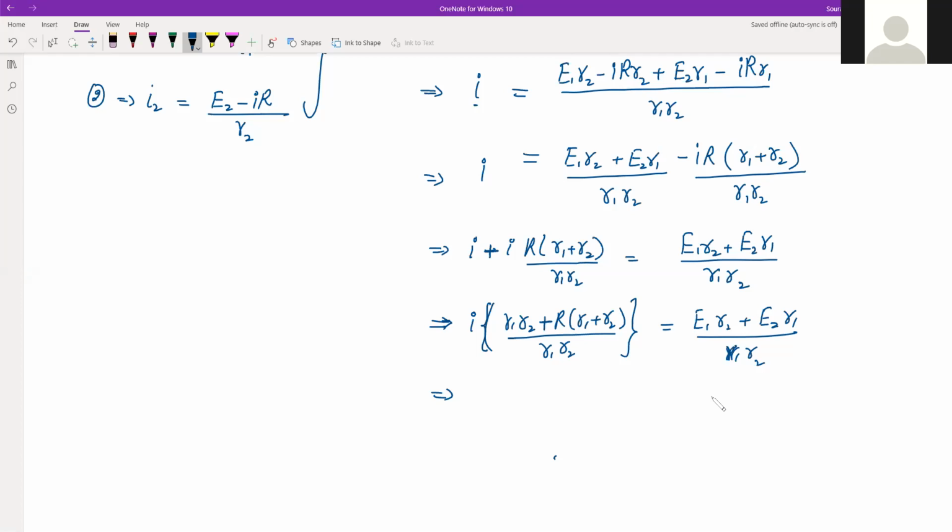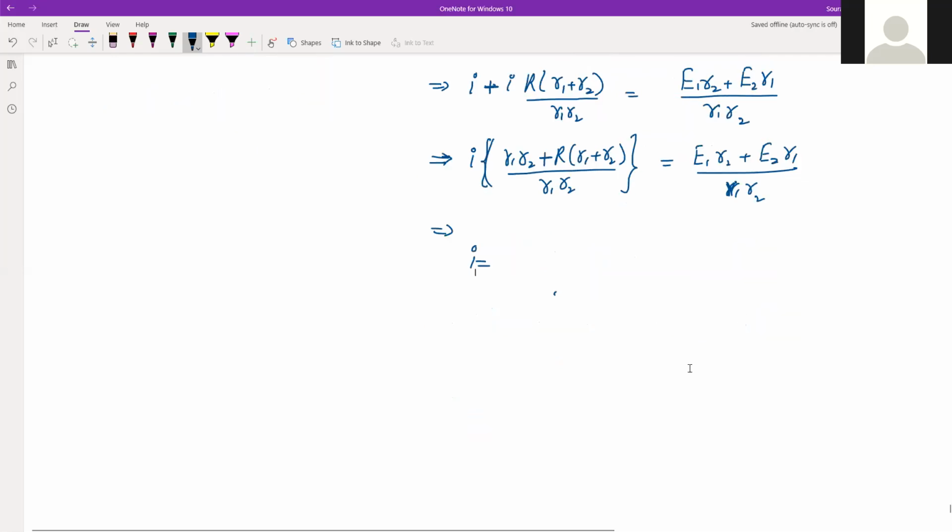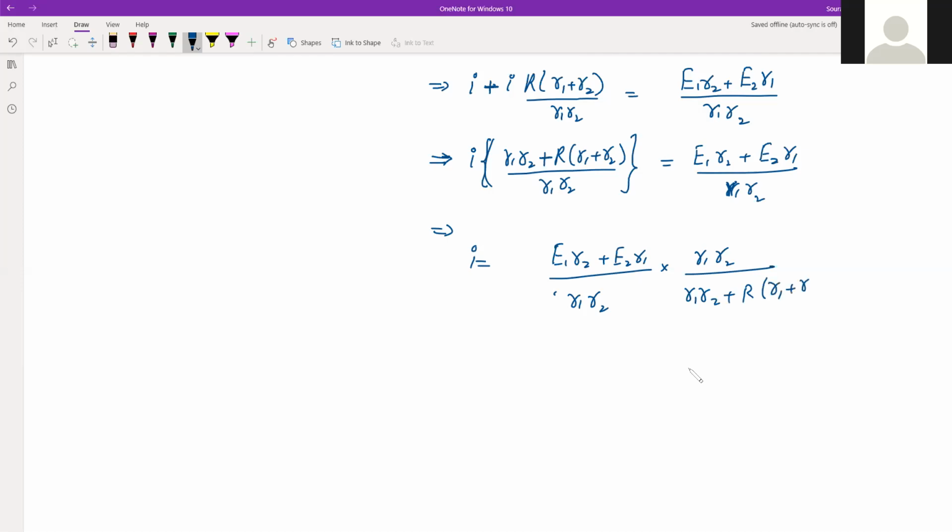So now what will be I? I will be (E1 R2 plus E2 R1) divided by R1 R2, into R1 R2 divided by (R1 R2 plus R into (R1 plus R2)).